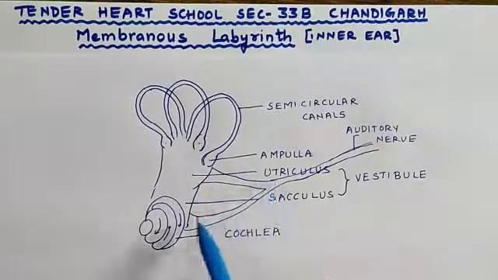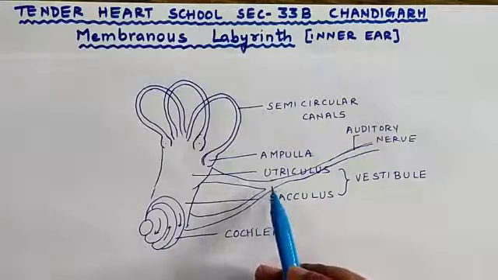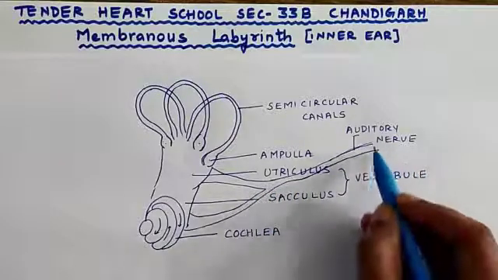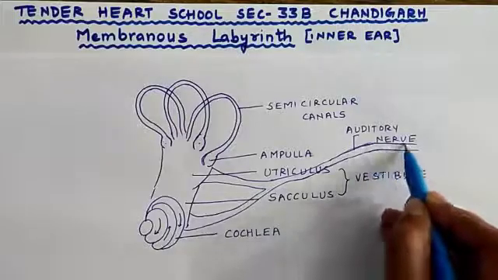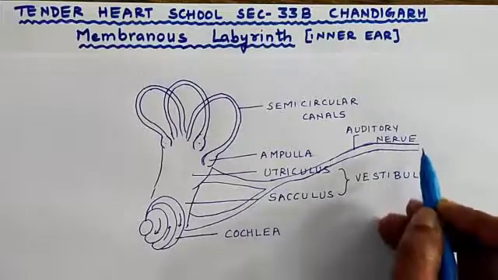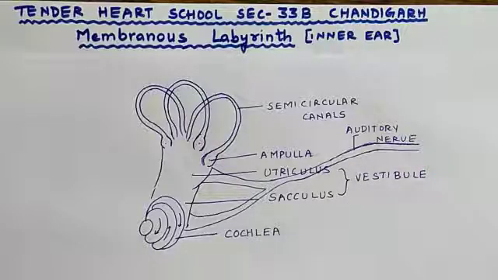And there is an auditory nerve which is coming from this membranous labyrinth, the inner ear, and is going to the brain, taking the nerve signals to the brain, and the brain will interpret the message. That is all about the membranous labyrinth, children.